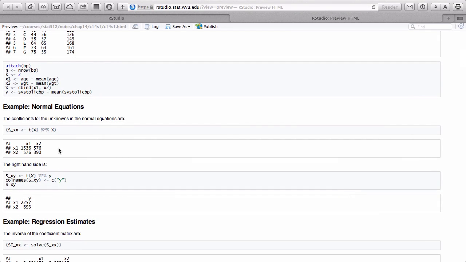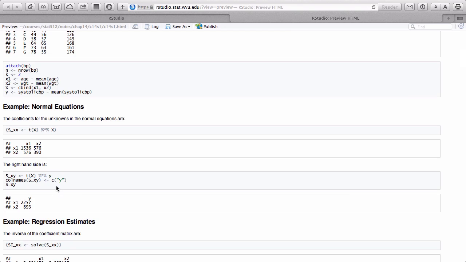Now, just to show you a little bit of matrix multiplication, the way we can get S sub xx, which is the cross products of x1 minus x-bar1 squared and summed up, is this number right here, and this is the same thing for x2. And then this is a cross product, x1 minus x-bar1 times x2 minus x-bar2, and I take those differences and multiply them over all observations.